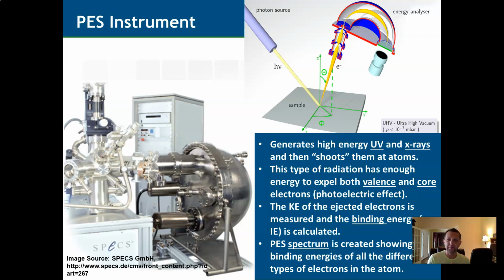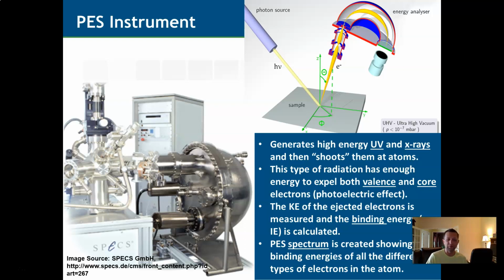So it would make sense, and we'll get into this more throughout the unit, that the electrons that are closest to the nucleus, it's going to take more energy to get those expelled from the sample than the valence electrons. The valence electrons are easier to remove. They're further away. There's less nuclear charge holding them in, right? And there's more shielding.